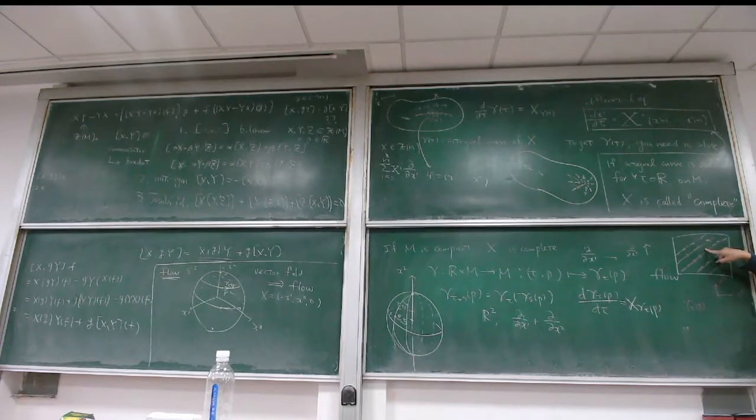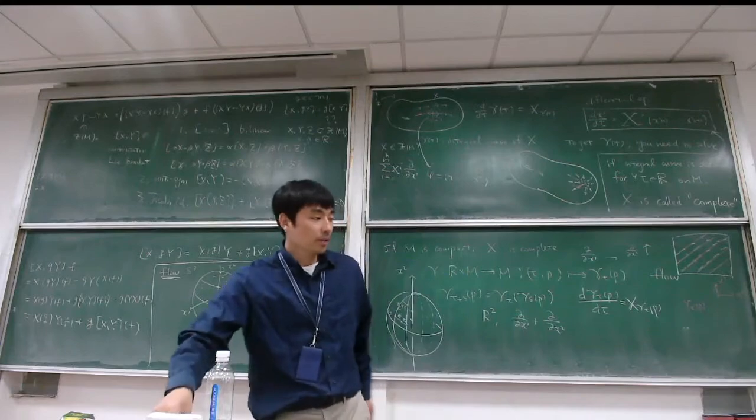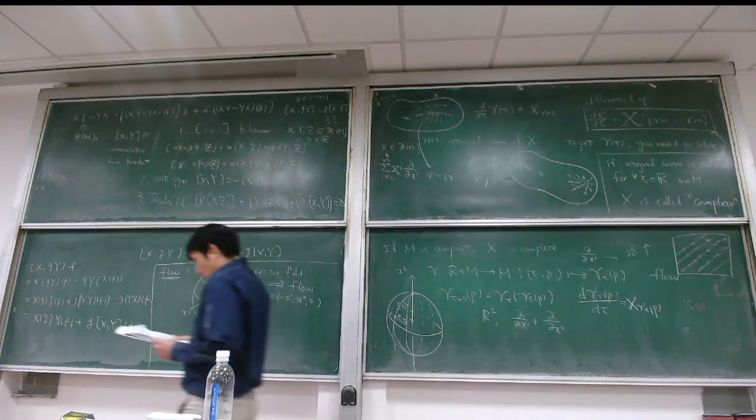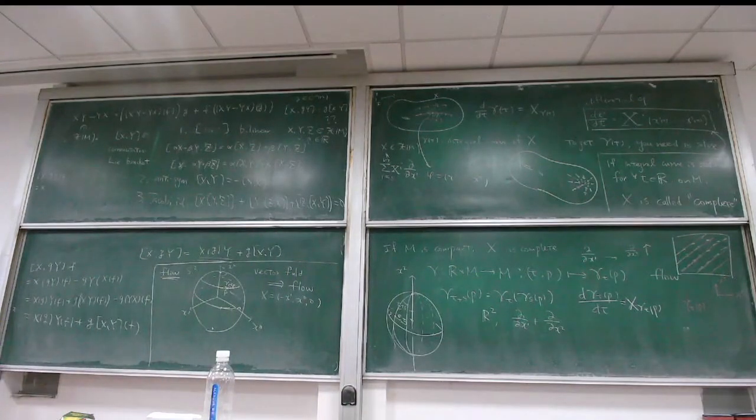Okay? That's the flow of the vector field. Do you understand? Any questions so far? Sorry, it's called one parameter group of diffeomorphisms, not family. That's true. Diffeomorphisms form a group.